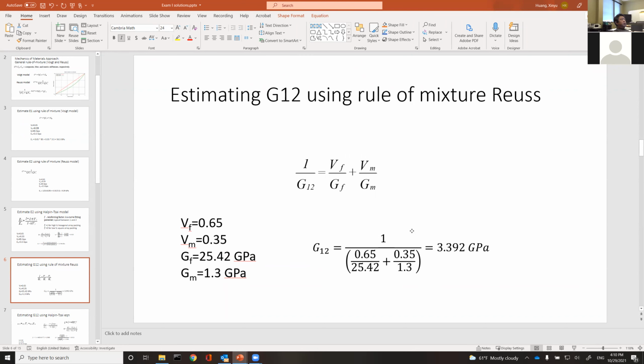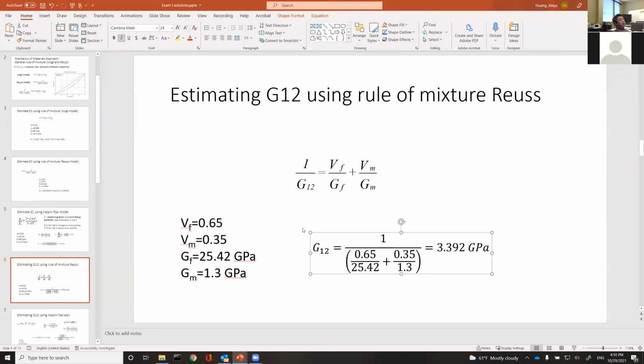So in-plane shear modulus is the inverse of the sum of inverses, weighted by volume fraction. We have 35%, 1.3, and 65%, 35.42. It turns out that G12 is 3.4 gigapascal. Okay. Now whatever unit you choose for GF, you want to use the same units for GM, and then your result G12 will have the same units.